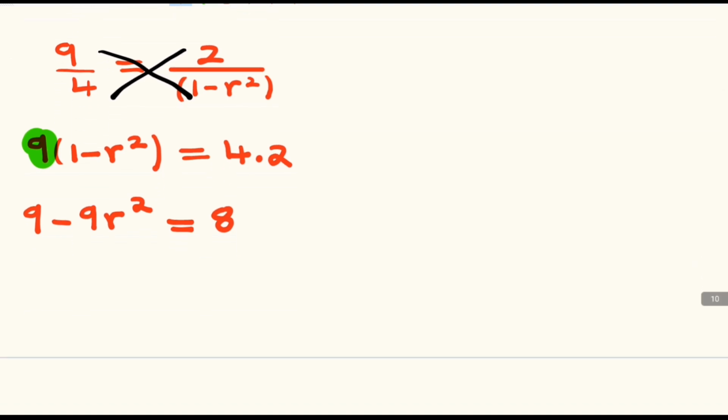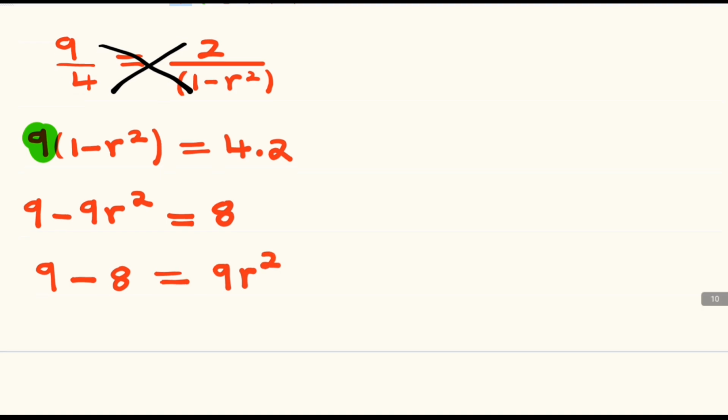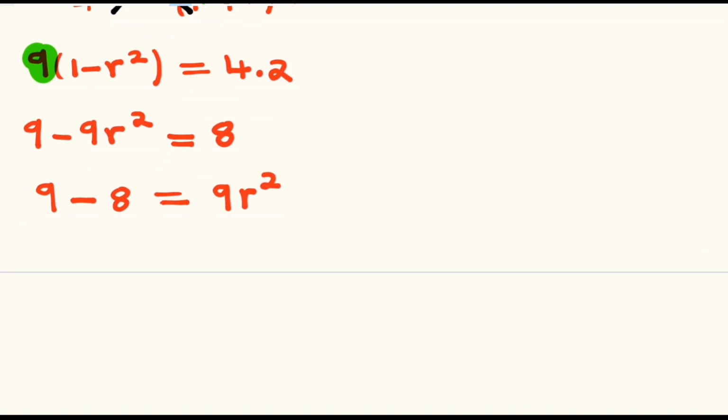So we have 9, but let's move that 8 from the right to the left, and it will change sign to negative 8, and this will be equal to, we move the negative 9r squared from the left to the right, it will change sign to positive 9r squared. On the left hand side, 9 minus 8 is equal to 1, and the 1 will be equal to 9r squared.